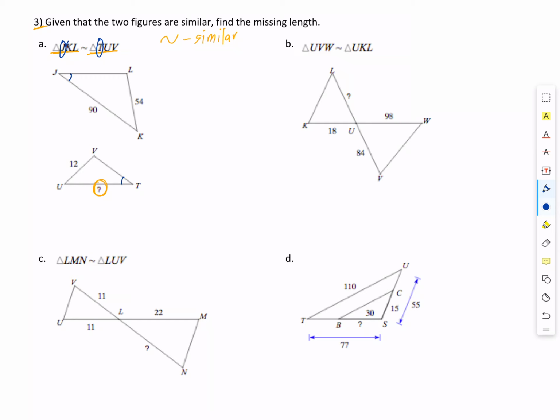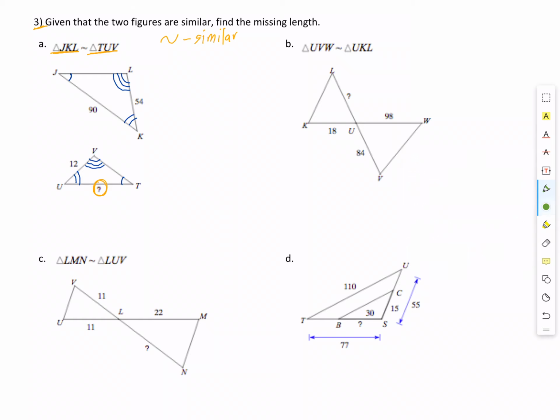And then K, right here, do 2 lines because it's a different angle. And that's similar to angle U. And lastly, L is similar to V. So we'll do 3 little arcs here. So those 3 angles are all similar.